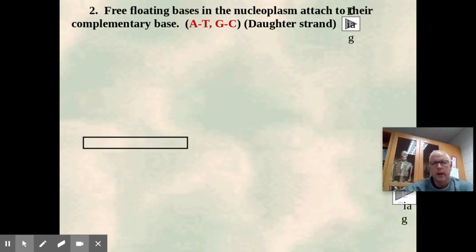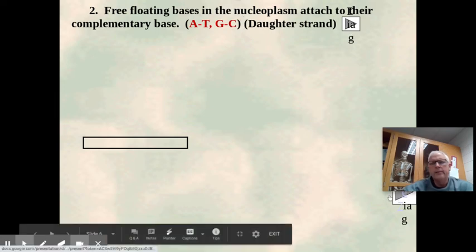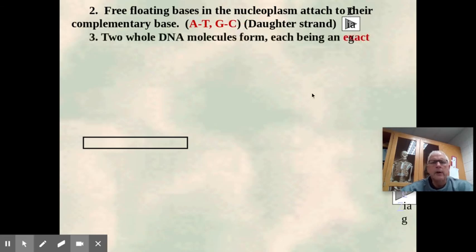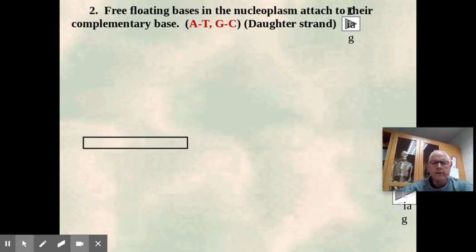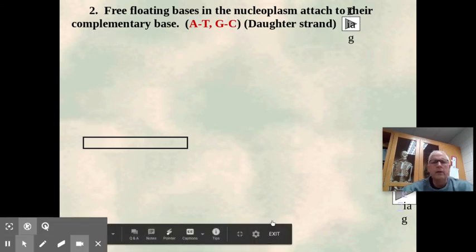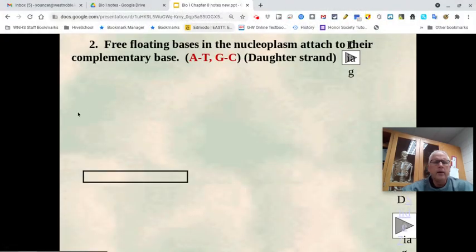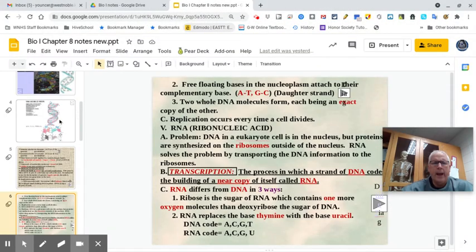Remember that term, okay? So I just have these little pieces floating around here, and they're going to find their complementary match.